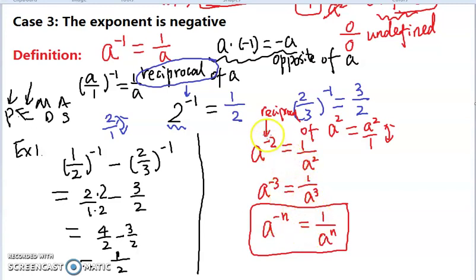So when you have negative 2, I would temporarily forget about the negative sign in the exponent, which gives us a squared. And then because there is a negative in the exponent, that means reciprocal. So we flip a squared to get 1 over a squared. Okay, so now we're ready to look at the second example.